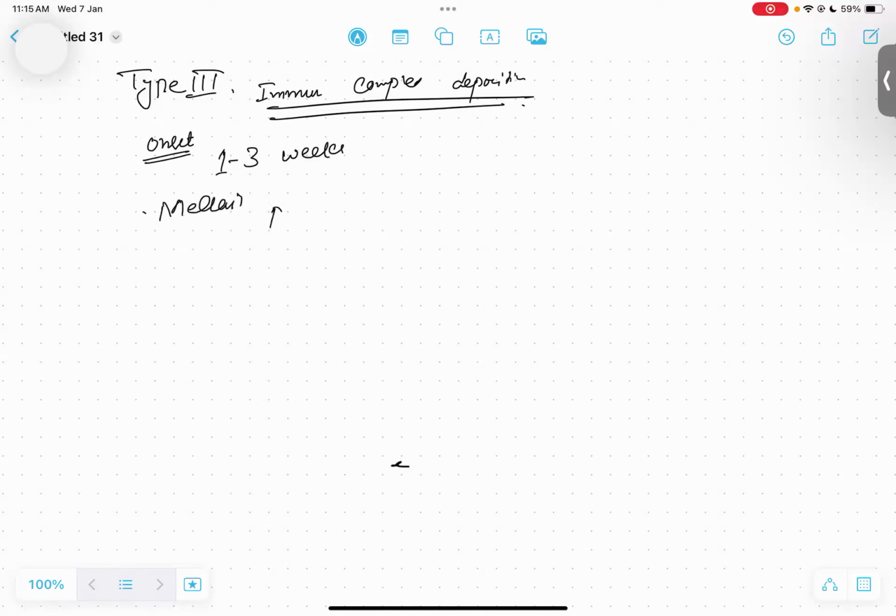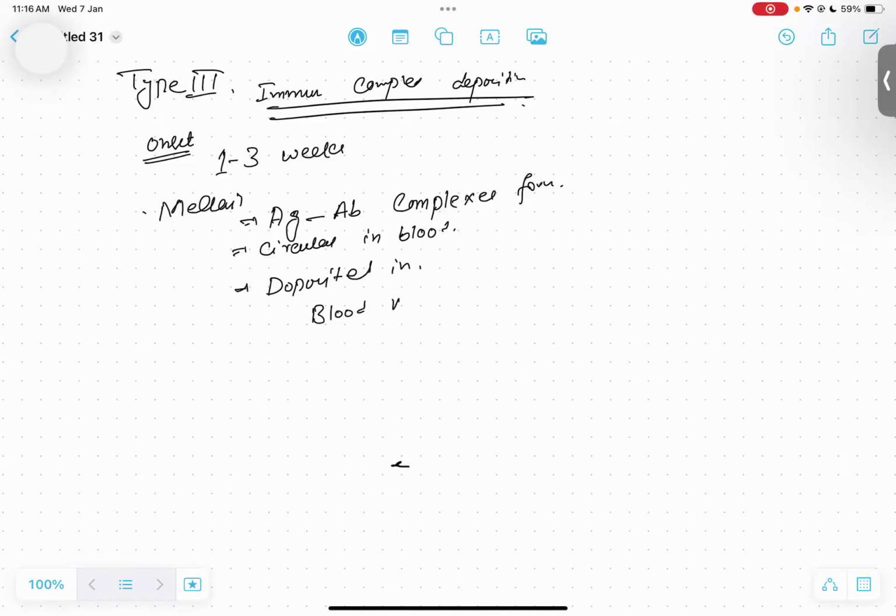Its mechanism is that antigen antibody complexes form and circulate in the blood and then are deposited in tissues like blood vessels, kidneys, joints, and skin.